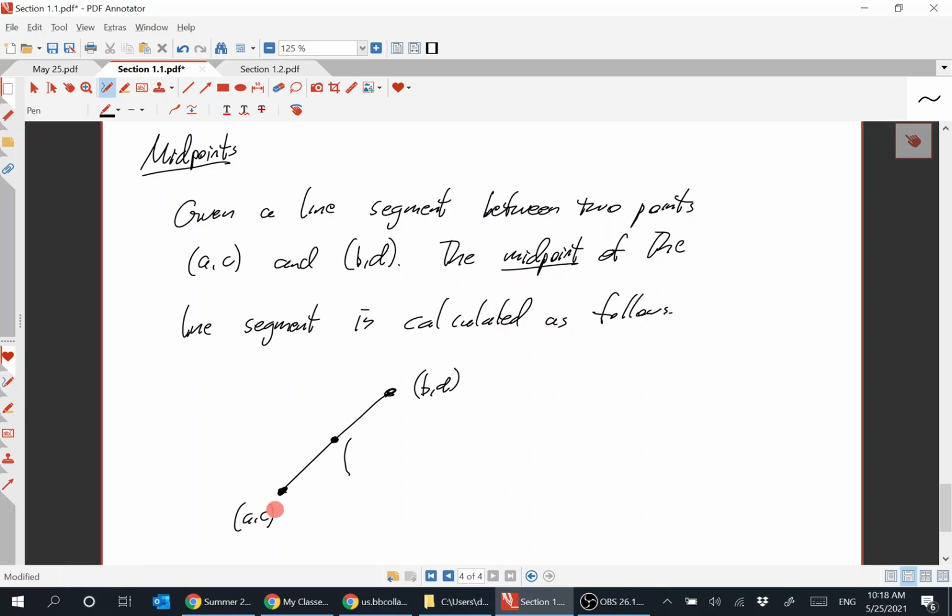A and B are the x-coordinates here, and the average is just their sum divided by 2. And the average of the y-coordinates is the y-coordinate of the midpoint. So this is C plus D over 2. So finding that middle point is really quite easy.